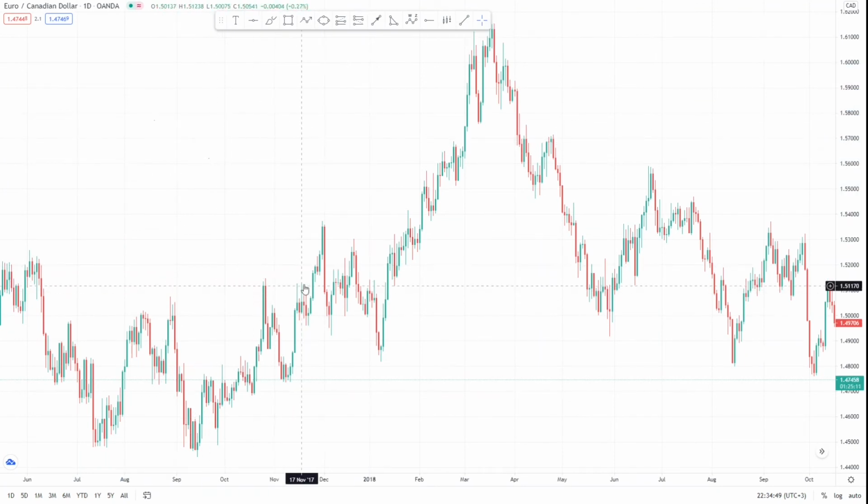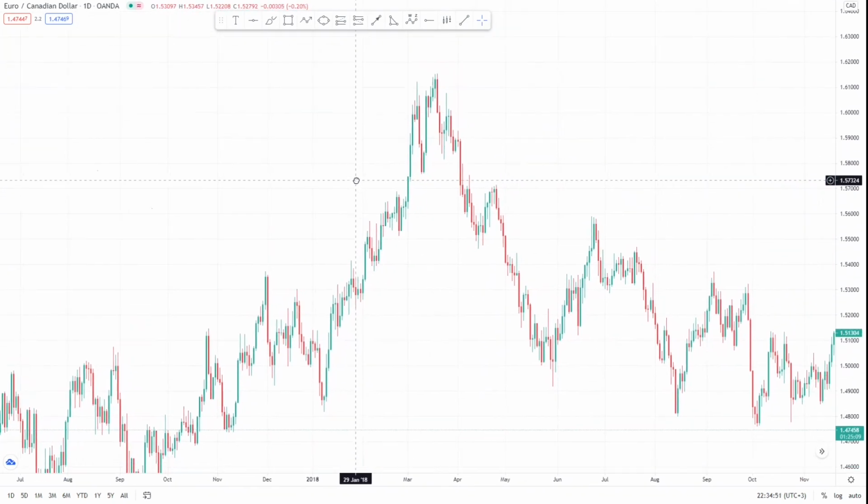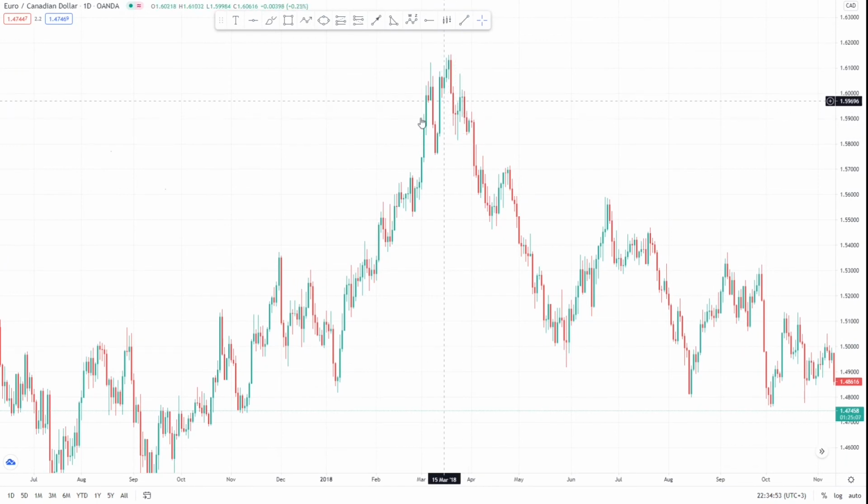So in this uptrend, at this point, you can see that the market creates a higher low and comes and creates a higher high. Perfect scenario here. It comes back, creates a lower low, but I'm going to say it's a higher low for now.